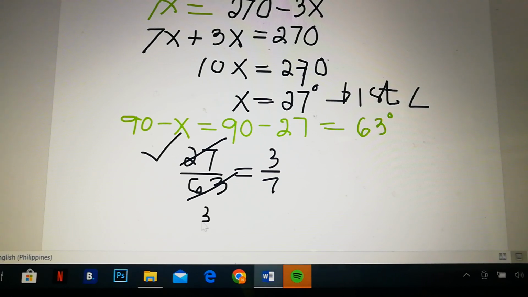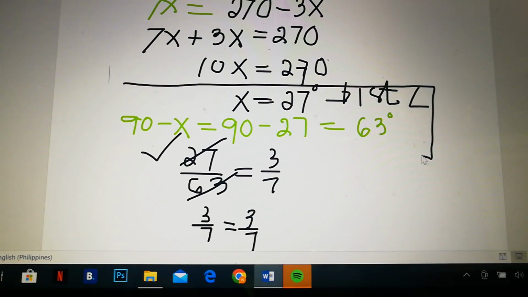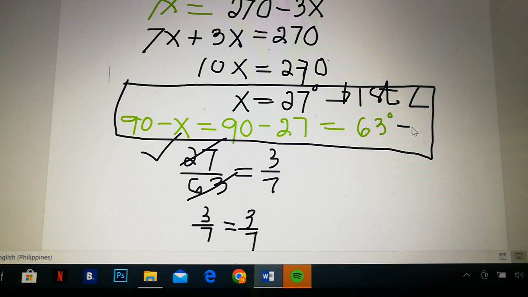Okay, so 3 over 7 equal to 3 over 7. Therefore the answers are: the first angle is equal to 27 degrees, while your second angle is 63 degrees.